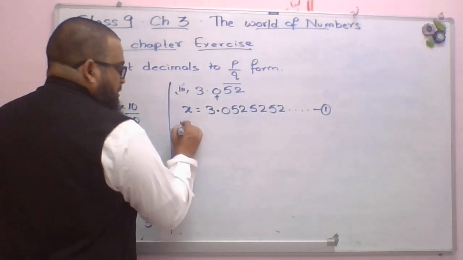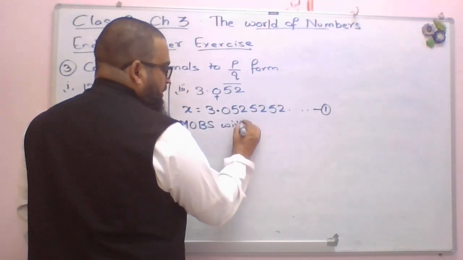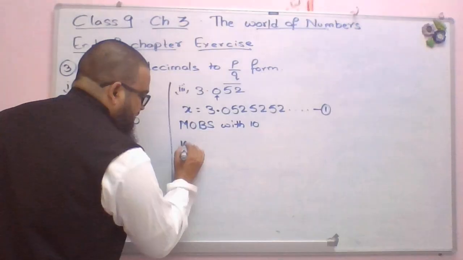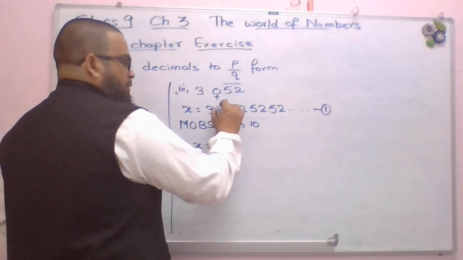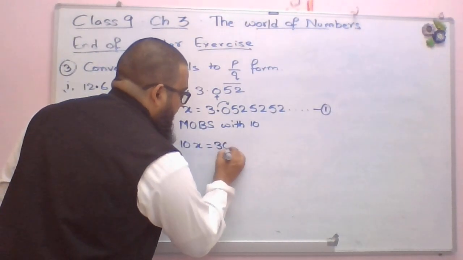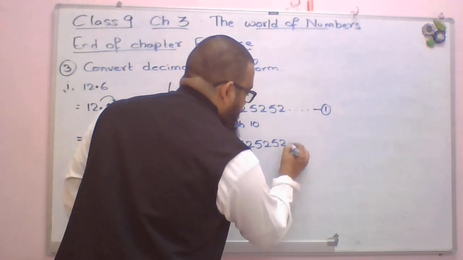So therefore multiply on both sides with 10. So when you multiply, what will happen? 10 times x is 10x equals, and when you multiply with 10 on both sides, the decimal will move to right hand side. So it became 30.525252 and so on.